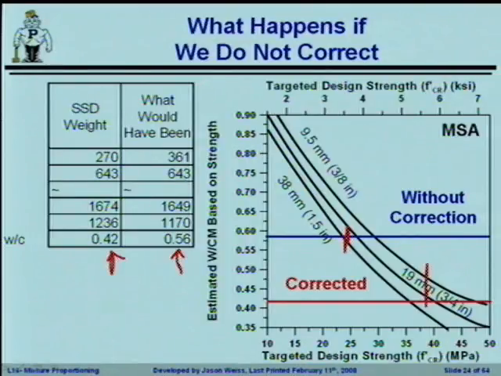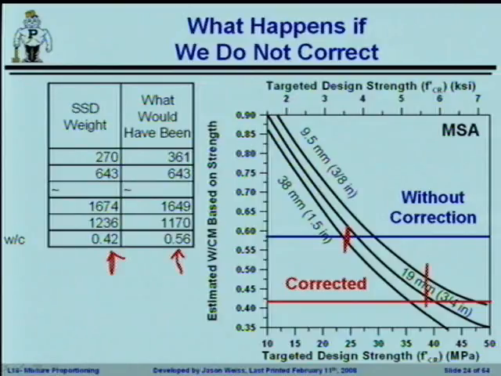The SSD condition that we're coming up with is based on the assumption that all the pores are filled. That's a little bit of an assumption. I know it went by pretty quickly, but I showed a graph of the logarithm of the water uptake in an aggregate as a function of the log of time, and we noticed that it was linear with the square root of time. So the aggregates will suck up water very quickly, but they'll suck up water for days and days and days.